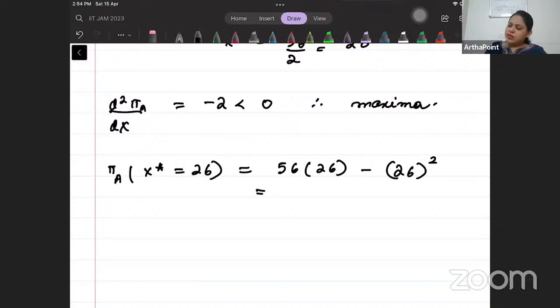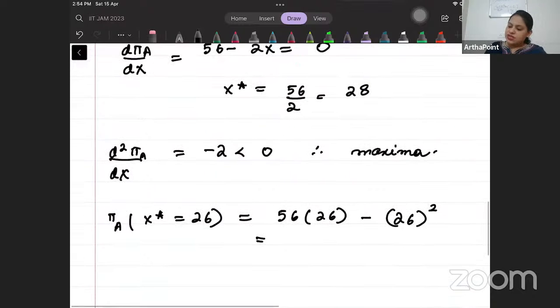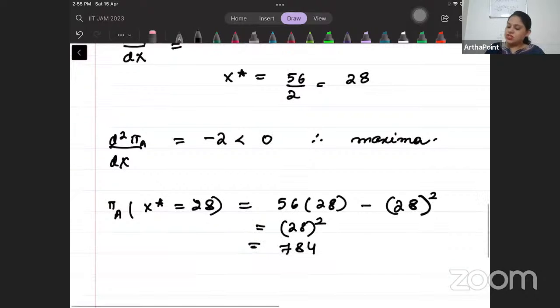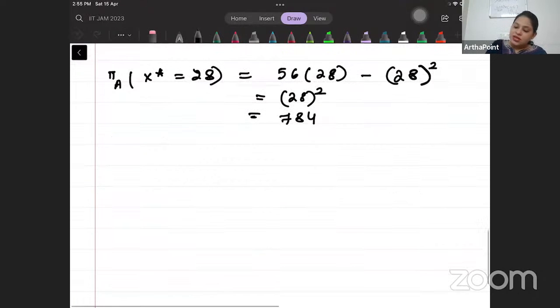The value of x was 28, so this is just 28 into 28, 28 square, which is 784. Just check this.